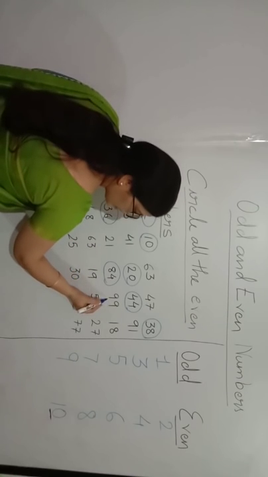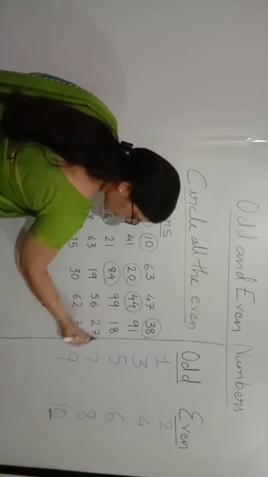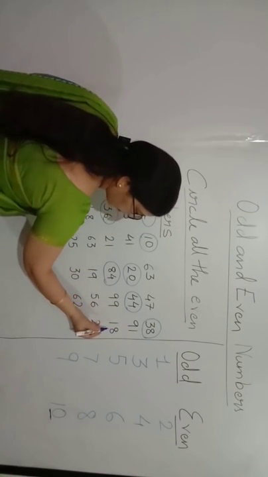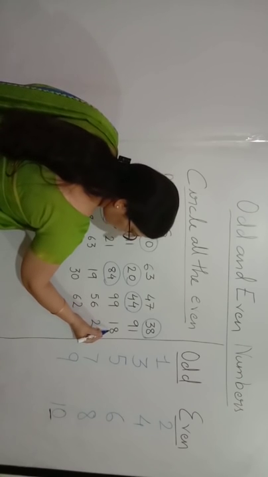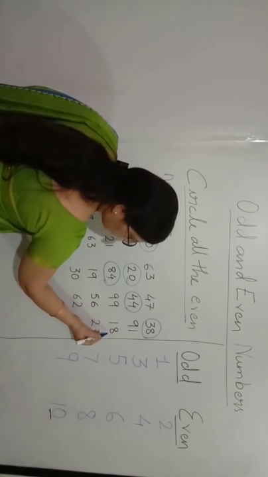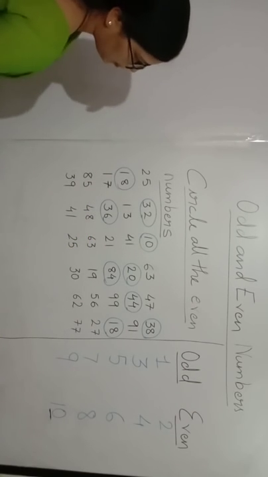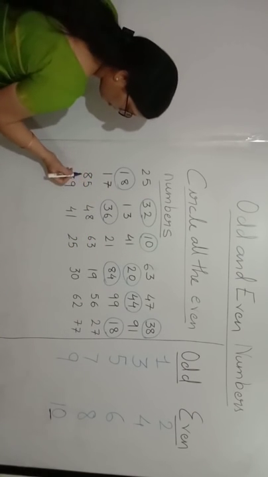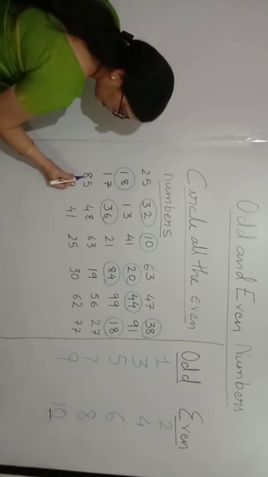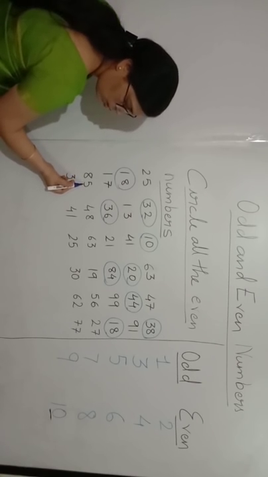Then 99, 9 is an odd number. Then 18, the number ends with 8, the number is even. 18 is an even number. Then next row, 85, 5 is an odd number.